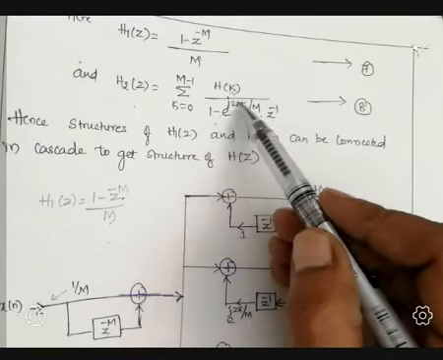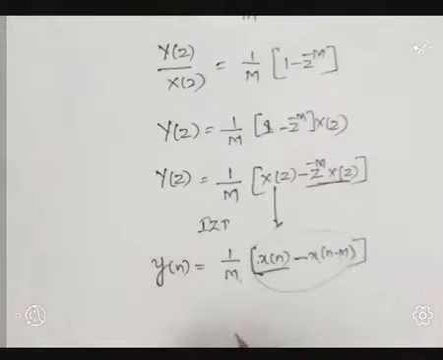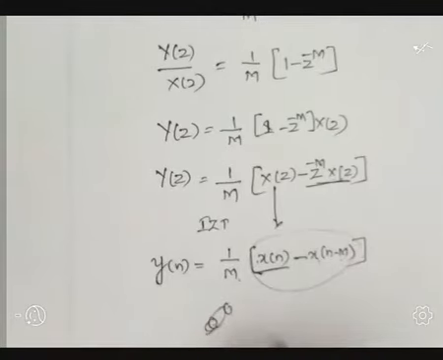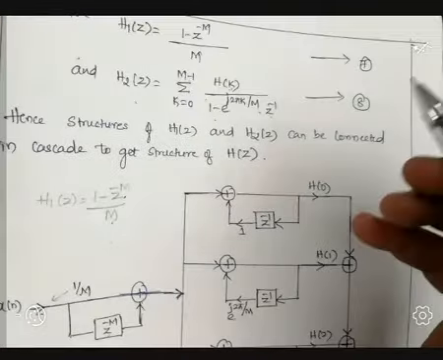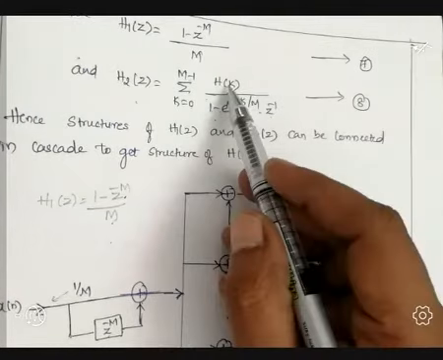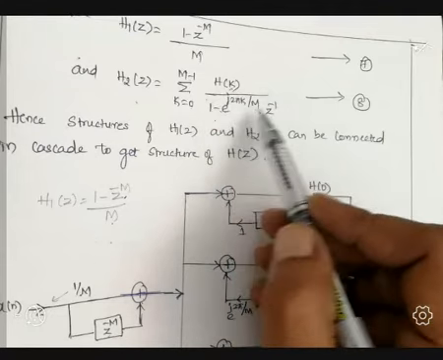E to the power 0 is always 1. So 1 multiplied by z to the power minus 1. Hence when k equal to 0, it becomes h of 0 divided by 1 minus z to the power minus 1.